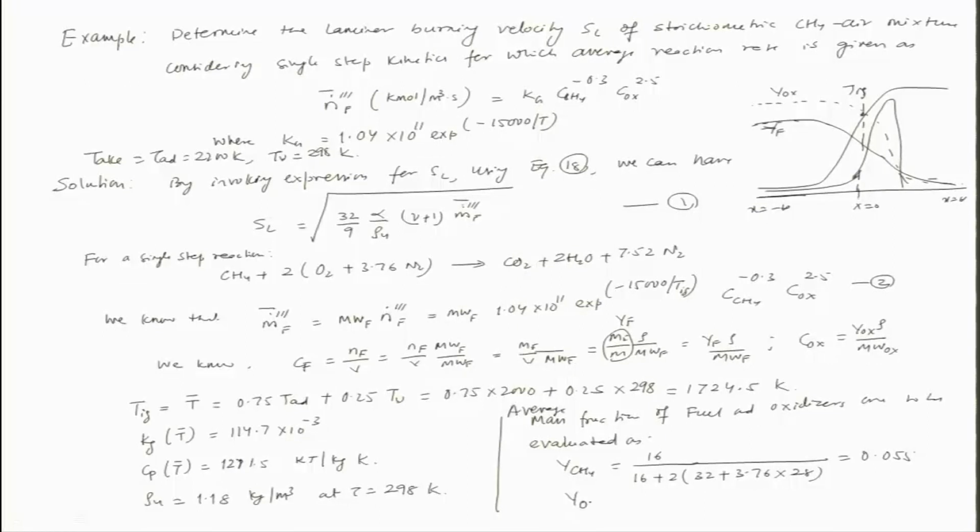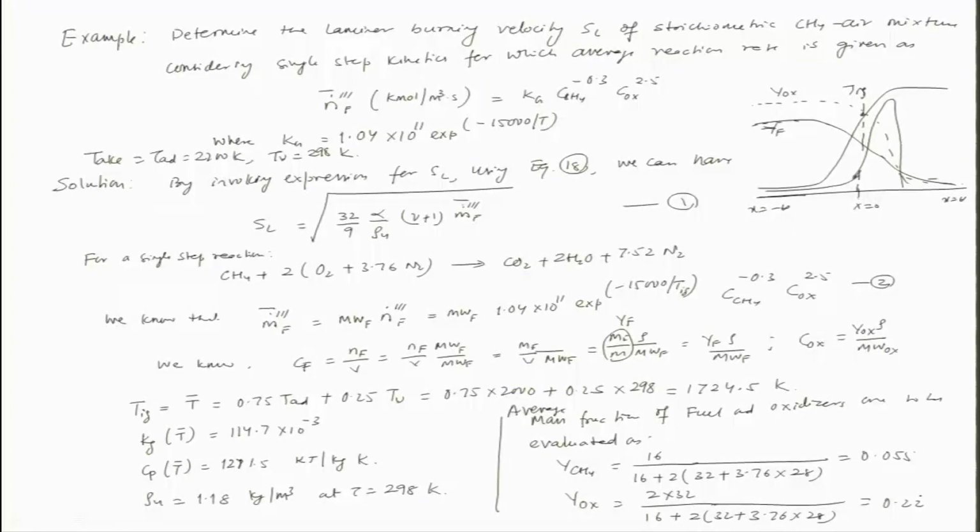Similarly, the oxidizer will be 2 into 32 divided by 16 plus 2 into 32 plus 3.76 into 28, which is about 0.22. The rest of course will be nitrogen.